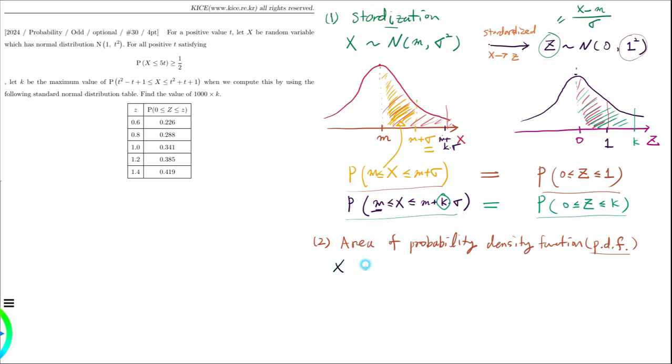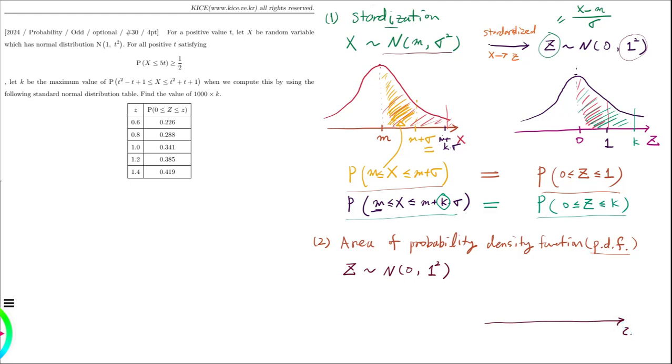Let me say, in case of the standardized normal distribution random variable z, because any random variable with normal distribution can be standardized to a normal distribution with zero mean and variance 1 here.